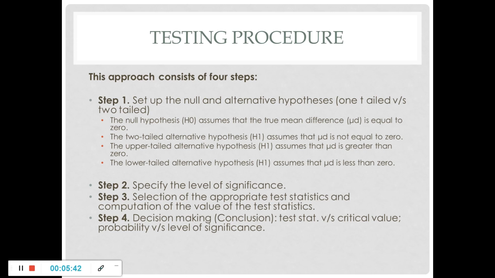And in the case of a left tail test, if the test statistic is less than the critical value, you reject the null hypothesis. And in the case of the probability versus level of significance approach, if the probability is less than the level of significance, you reject the null hypothesis.